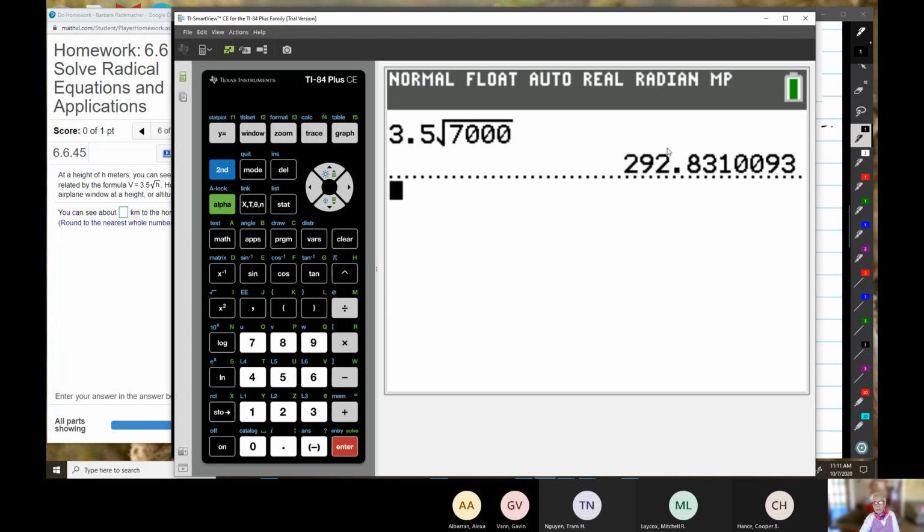I have to look at the first decimal digit to the right and see if that 8 is going to round up the 2 to a 3. It does, because 8 is bigger than 5. If this is a number 5, 6, 7, 8, or 9, it's going to cause the 2 to round up to a 3.